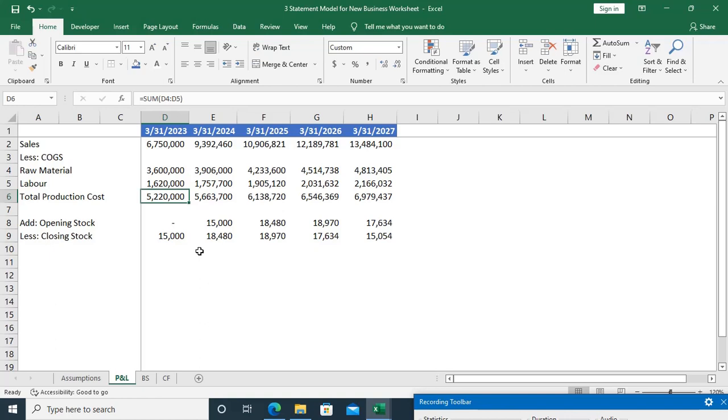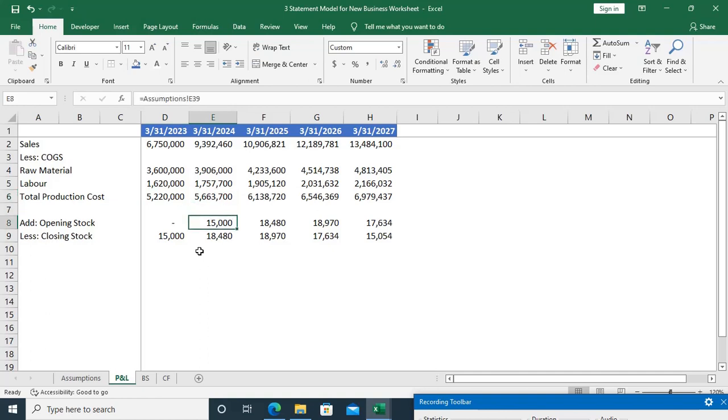We can simply do it by dividing it by the units produced. We can just do it by that. So if you would like to adjust the opening stock and closing stock against it, what should you do? You should adjust the prices.